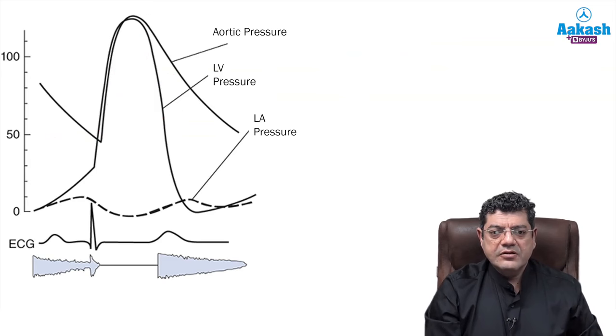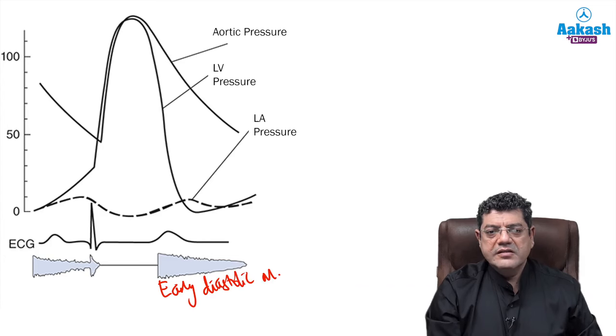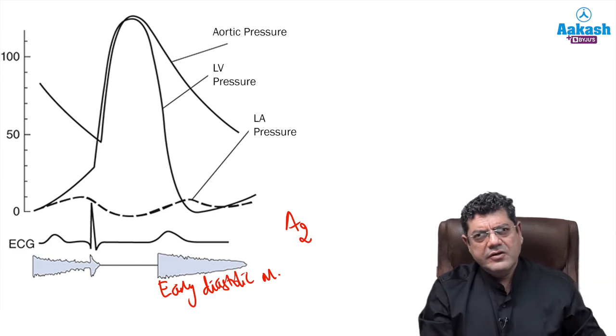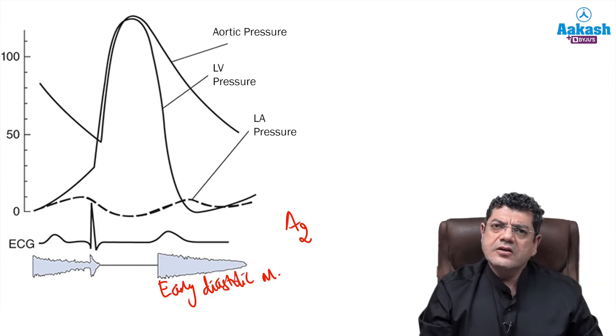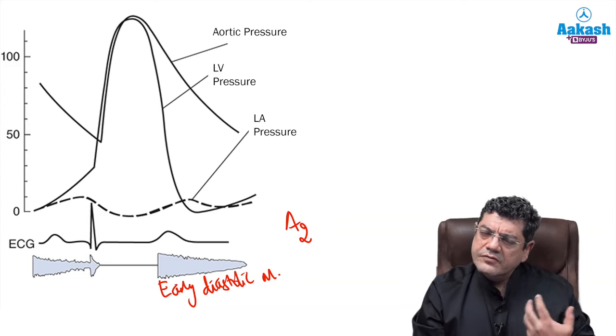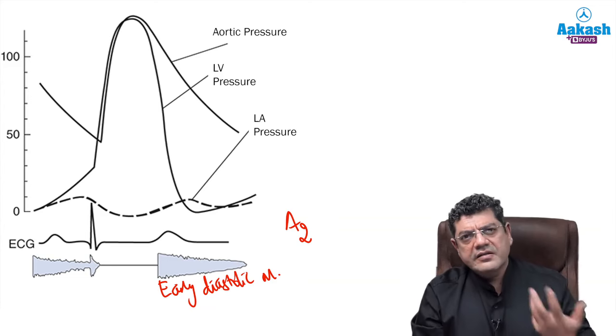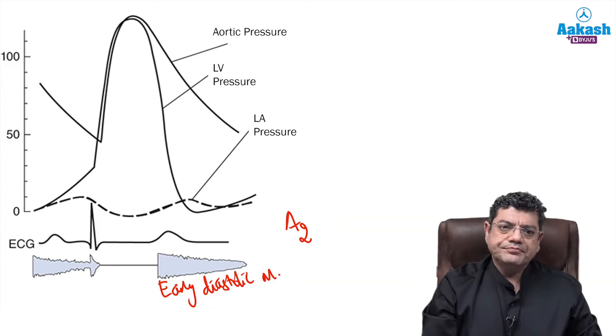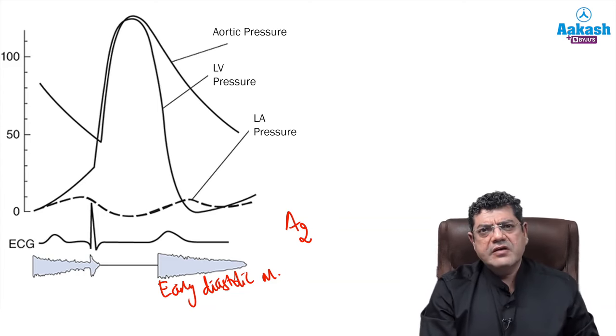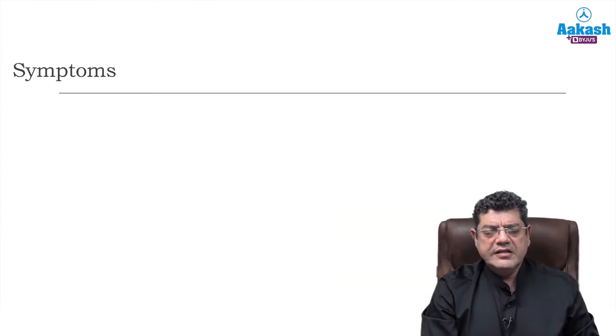So an early diastolic murmur is the typical finding in aortic regurgitation. You hear it better in the second aortic or the left third intercostal space. In early stages, you have to ask the patient to lean forward, breath held in expiration. Okay, so that's why these graph findings are in this manner.